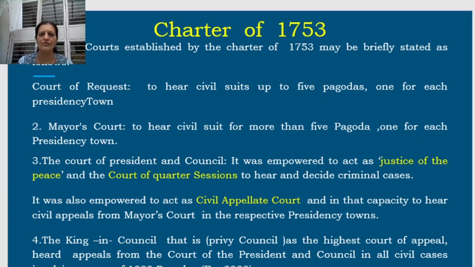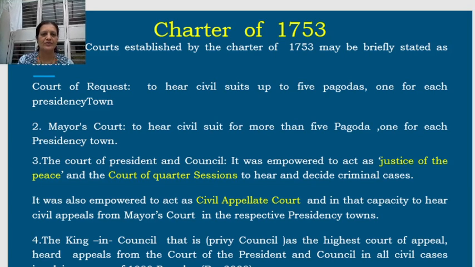And the third one was the Court of President and Council. It was empowered to act as justice of the peace and the court of quarter session to hear and decide criminal cases. It was also empowered to act as a civil appellate court and in that capacity to hear civil appeals from the Mayor's Court in the respective presidency towns.